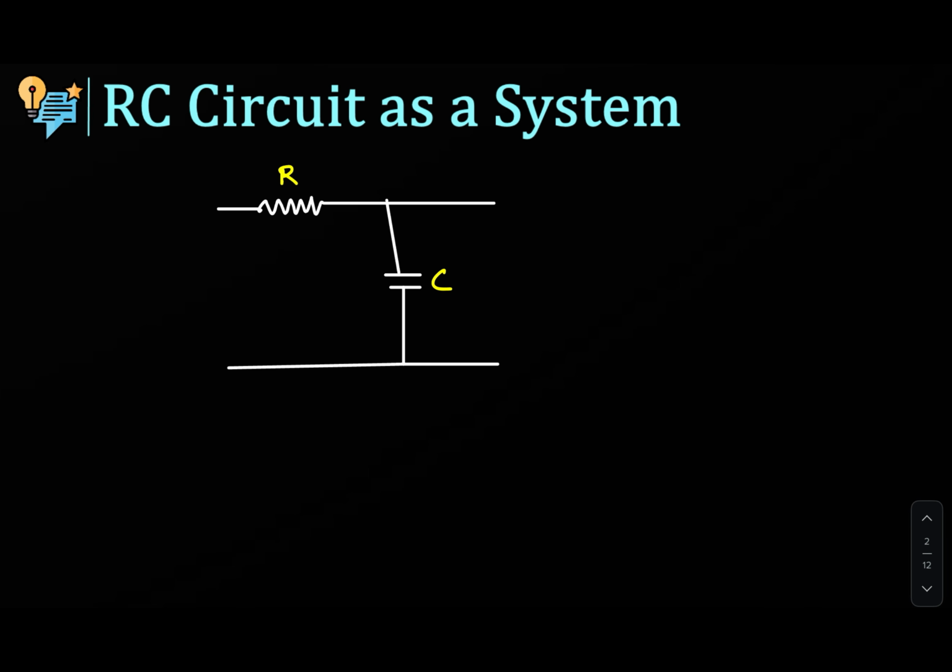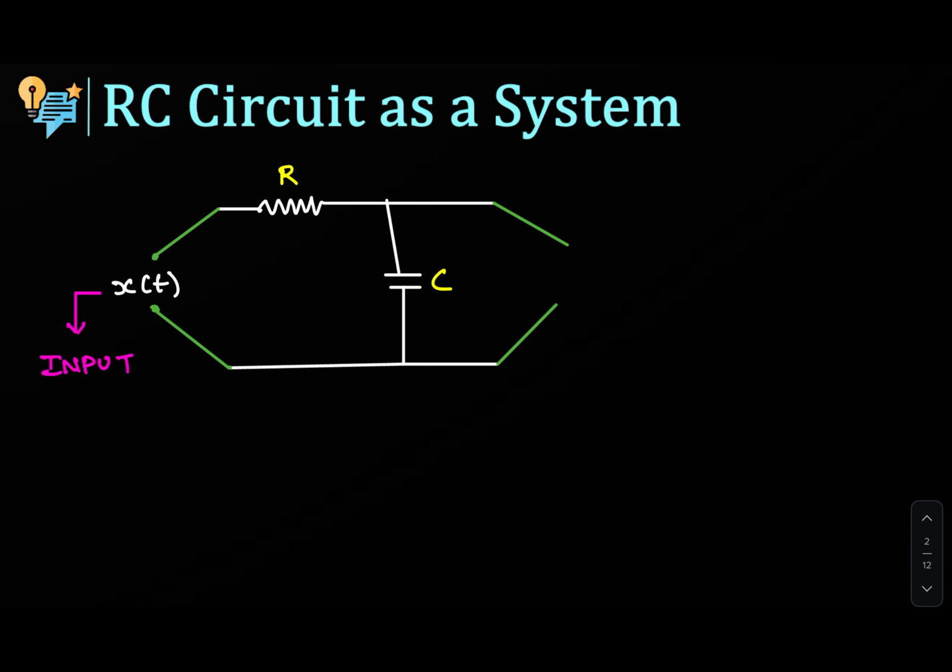Now what I have told is, a system is something which takes an input. Let us say I am giving some input at these terminals, let us say x of t. So this is my input, and let us say I am having some output.